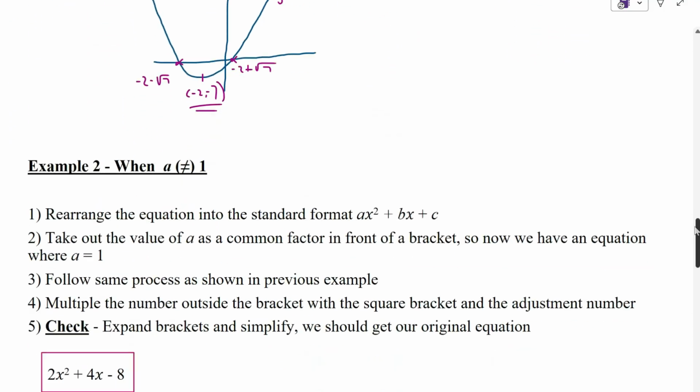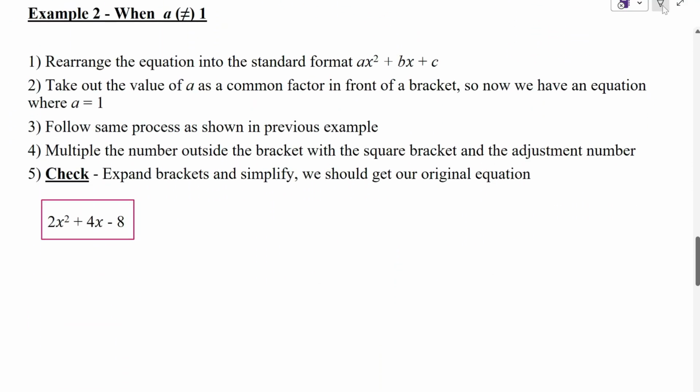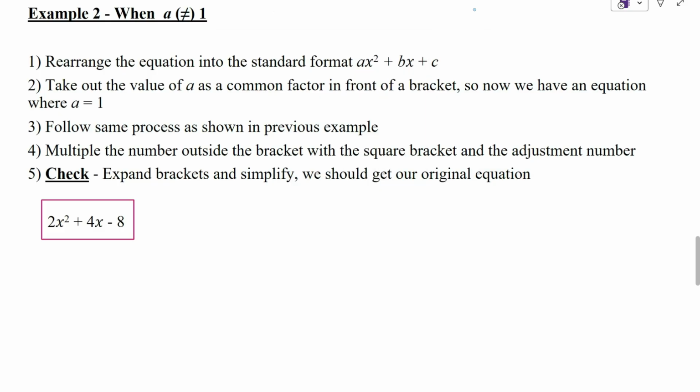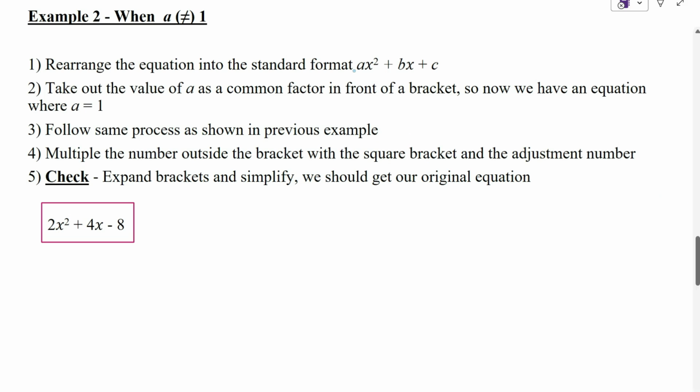Moving on now, we have another example, and this is where a does not equal 1. So we have an equation like this, where it's 2x squared. Okay, so the first step, as usual, we check that the formula is in this format here, which we can see that it is.